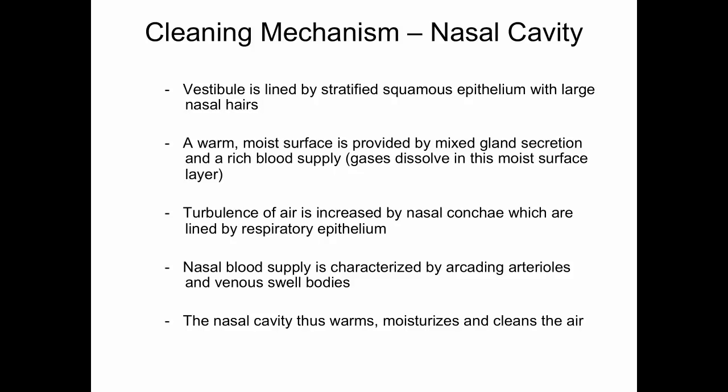The nasal blood supply is characterized by a series of arcading arterioles and venous swell bodies, and this blood supply allows the nasal cavity to warm the air. It helps to have the air moist, and it plays a role in cleaning the air from the point of view of the secretions that are involved in the nasal area.